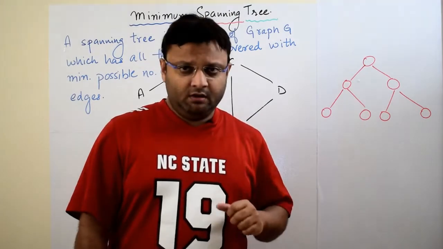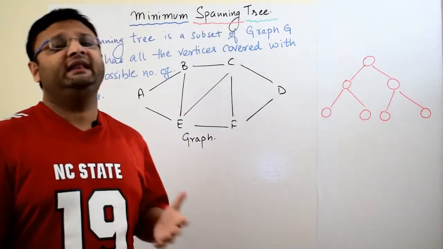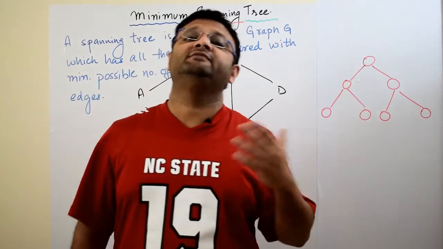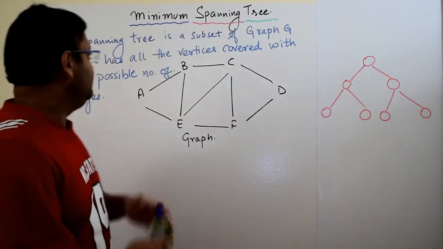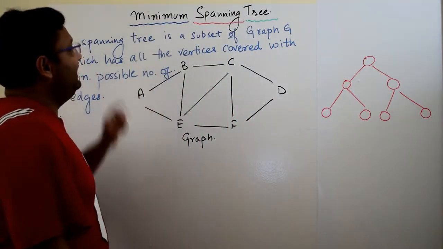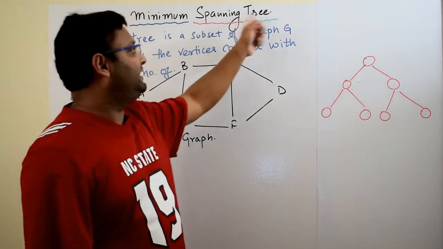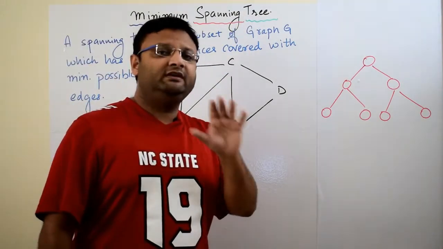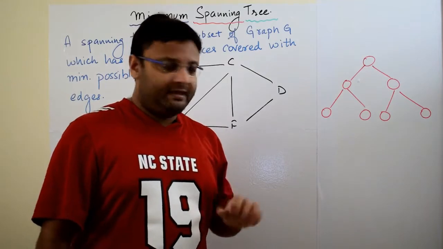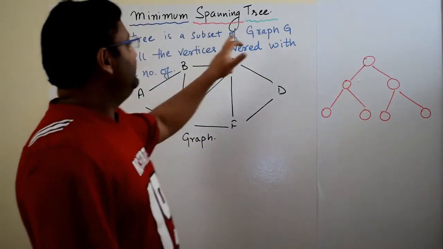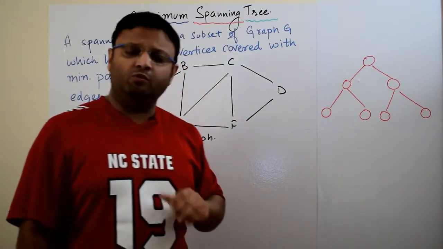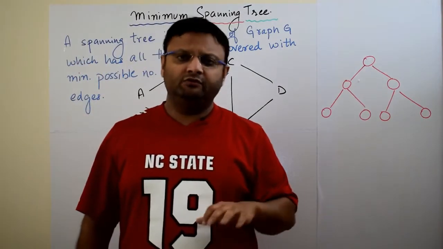So, what does minimum spanning tree mean in the very first place? If you see, I have highlighted this minimum spanning tree with three different colors. Starting with tree, what does tree mean?